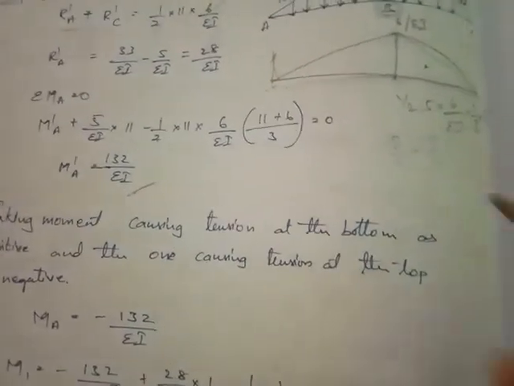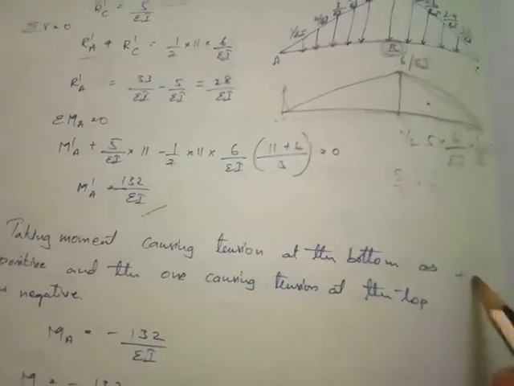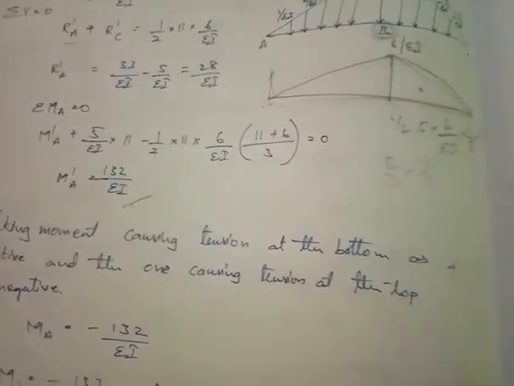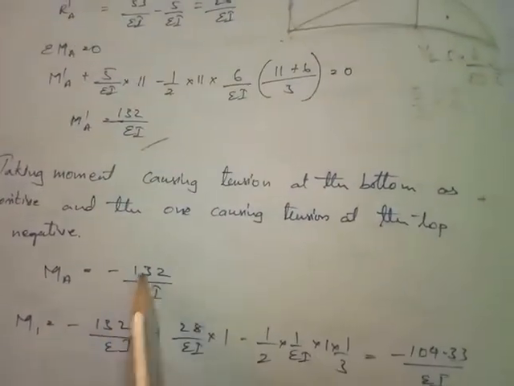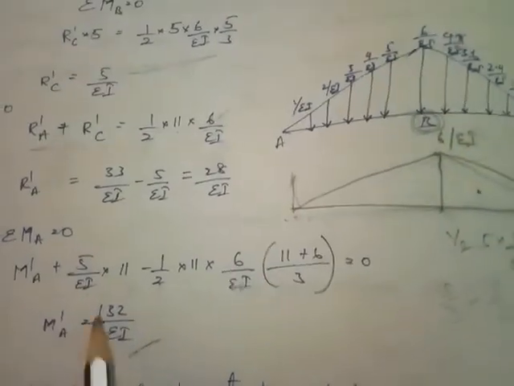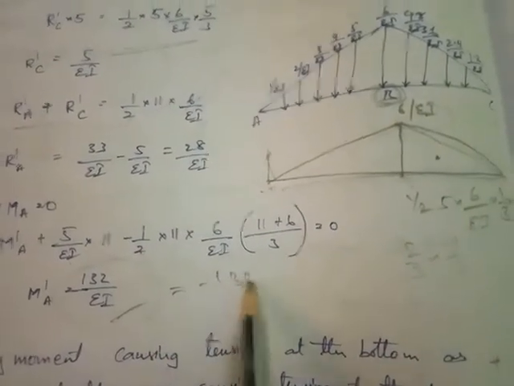So the moments which are causing tension at the top we take as negative, and the moments which are causing tension at the bottom we take as positive. So first case, MA is equal to minus 132 by EA, that is from here, the value is equal to minus 132 by EA.